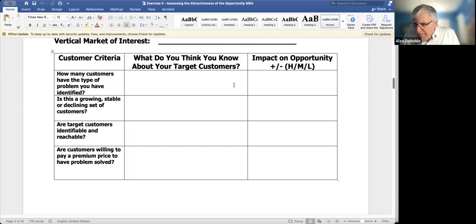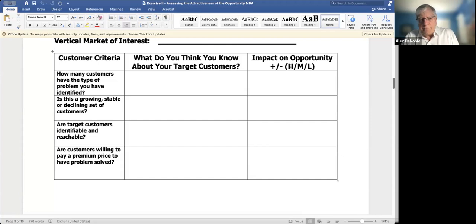When you start telling the story about how many customers are out there, clearly, if you can demonstrate that there's a lot of people or companies out there that have the problem that you're talking about, that would have a positive impact on your business, and it's probably a high impact.